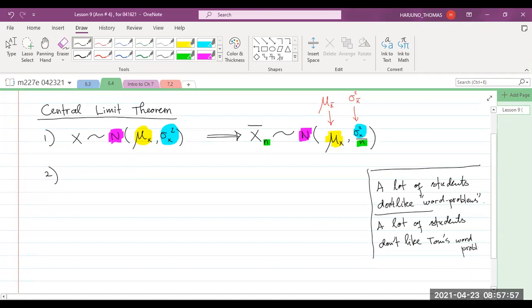Thomas, I don't understand your wording. Trust me, I know that I'm not a native speaker, even though I can almost guarantee you that my grammar is much better than a lot of students here.